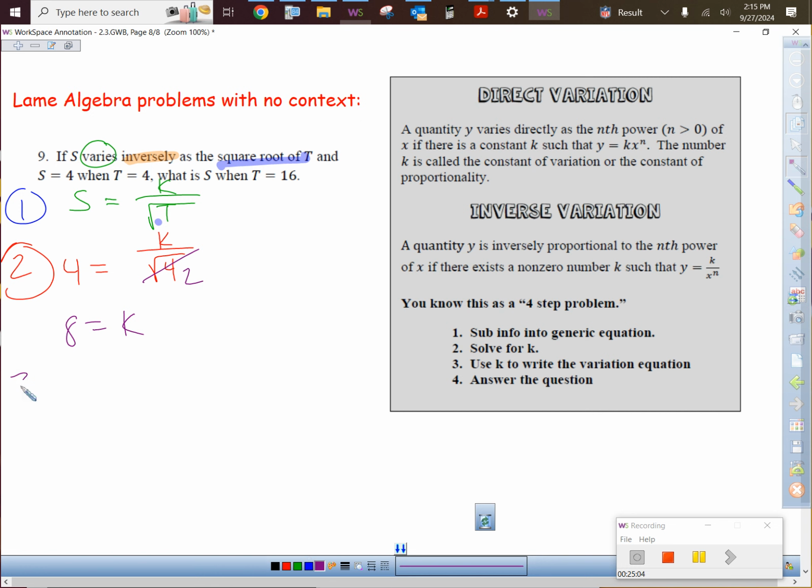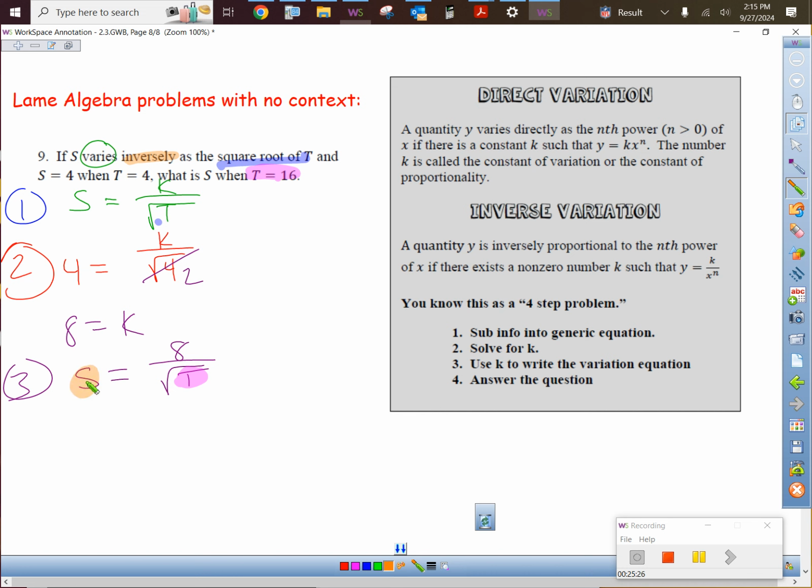That's step 2. Step 3, rewrite. Do step 1 all over again. But where there is a k, I'm going to put 8 in its place. In all 4 of these examples, I should probably switch it. They told you this letter, the one that's in the equation. They might give you one of these.